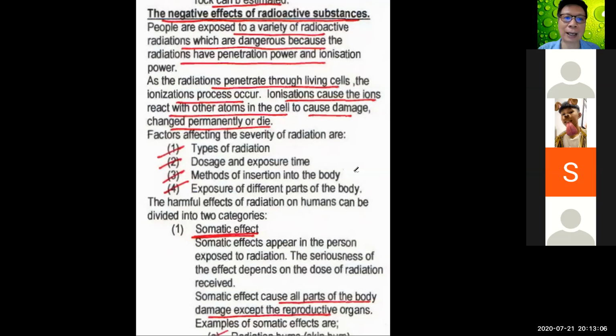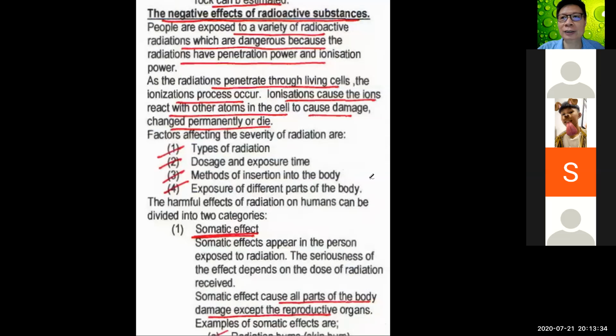So I want to ask you, so many methods, right? Penetration through the skin, breathing, or through food. Which method of going into your body is more dangerous? Kelvin Chi, which one is more dangerous?